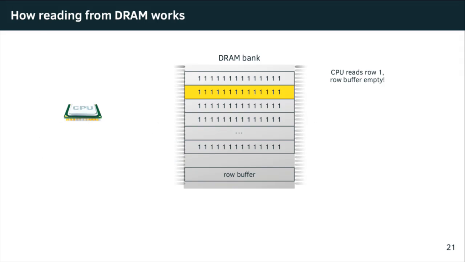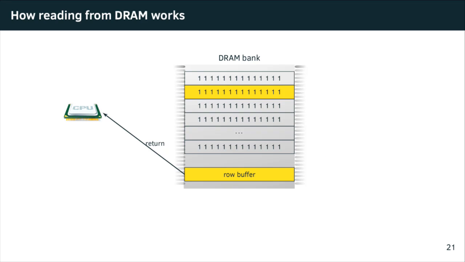So say the CPU wants to read something in the yellow row here. That is the first row, and the row buffer is empty. So the CPU tells us we need something from this row, and then we activate it. Activating is nothing more than essentially copying the row to the row buffer. Nothing more. Just copy it to the row buffer.